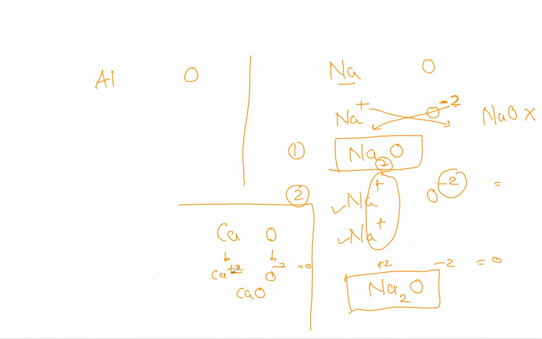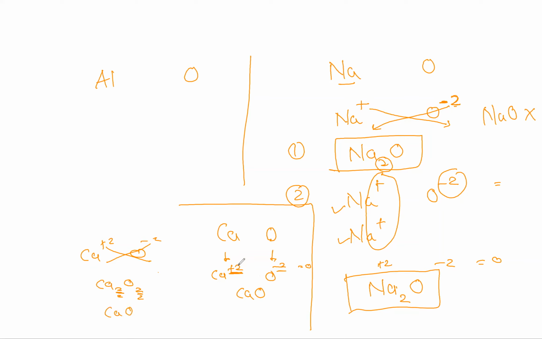Why? Because the total of the positive charge is equal to the total of the negative charge, right? In this case, if you are applying the rule of cross multiplication, you just need to see that you have to simplify this, because the subscripts have the same common factor, which is 2. When you simplify this, you get CaO.